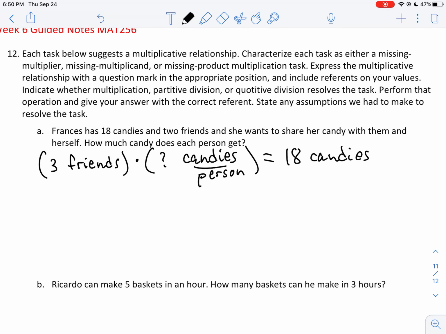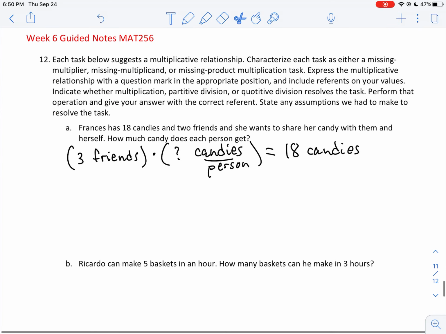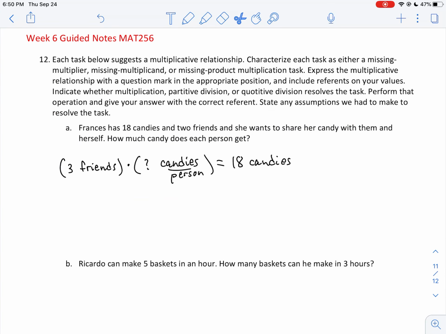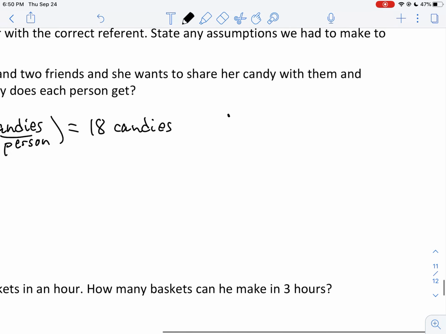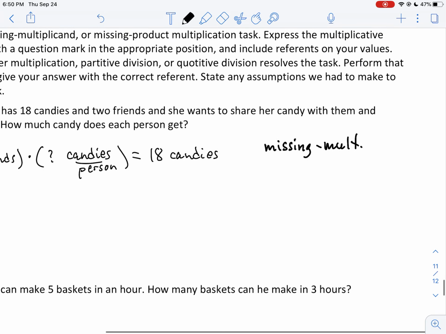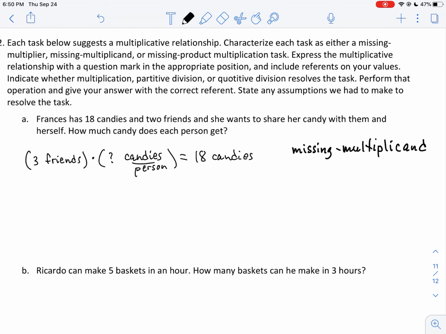All right, so we've characterized this. This is a missing multiplicand task. Let me make this a little bit smaller and zoom in here a bit. That looks like multiplier as well, so I better spell it out. Multiplicand task.